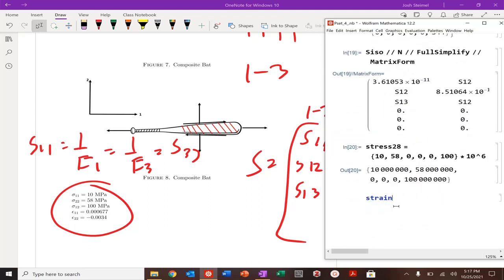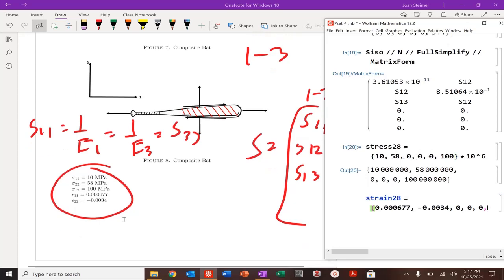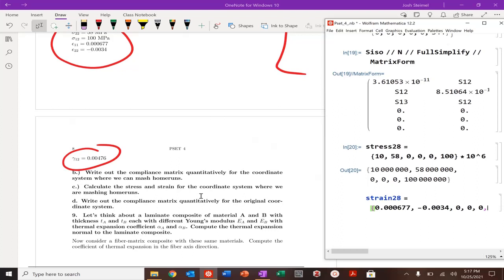My strain in the 28 is equal to 0.23677, minus 0.0034, and so on, six components. Yep. And now again, I have to be careful, but luckily I'm already given these values, 0.0476.